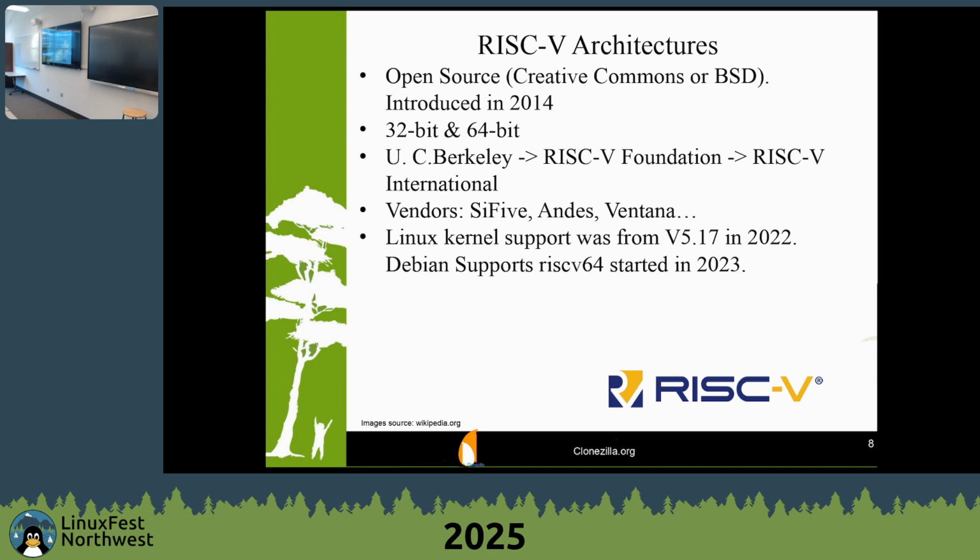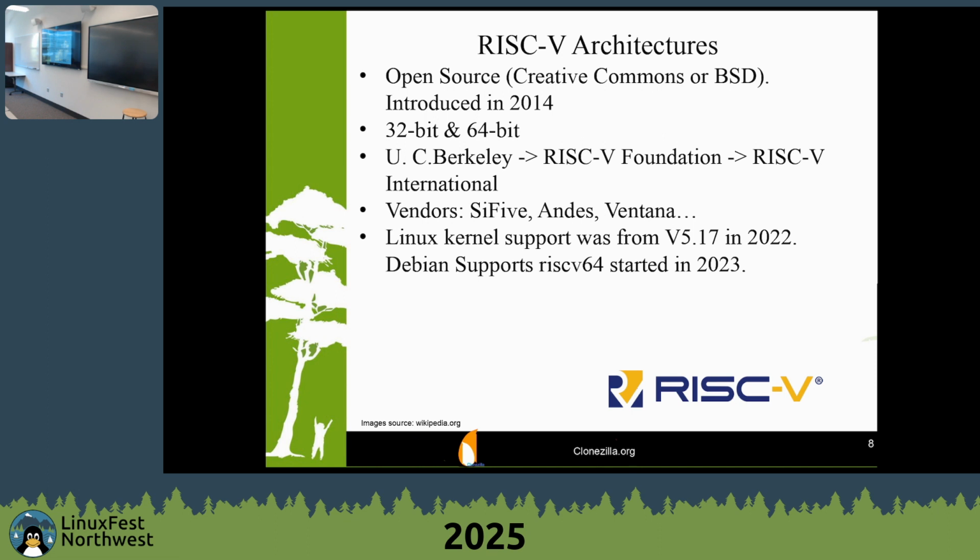There are many vendors because it's open hardware, open source, like SiFive, Andes, Ventana, and many more, in the US, Taiwan, and China, because open hardware is easier to cooperate with. The kernel's official support came in 2022.